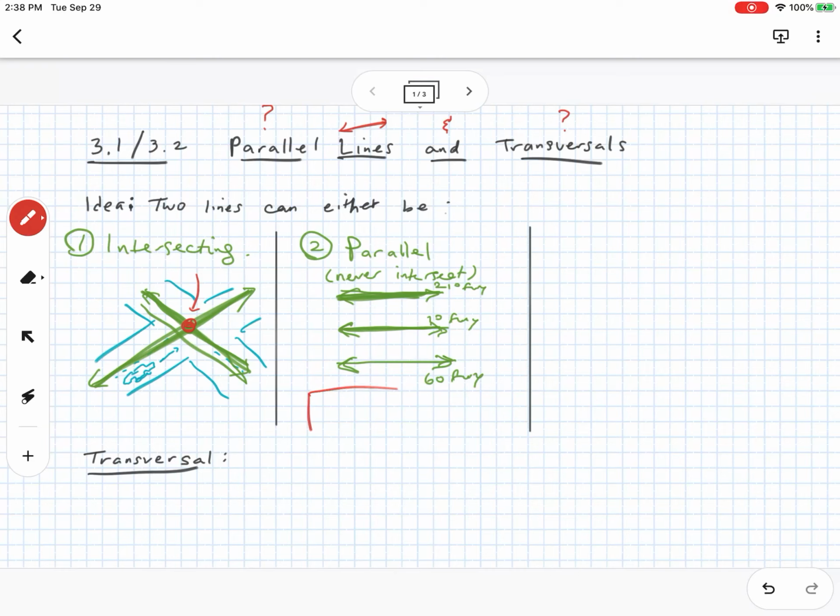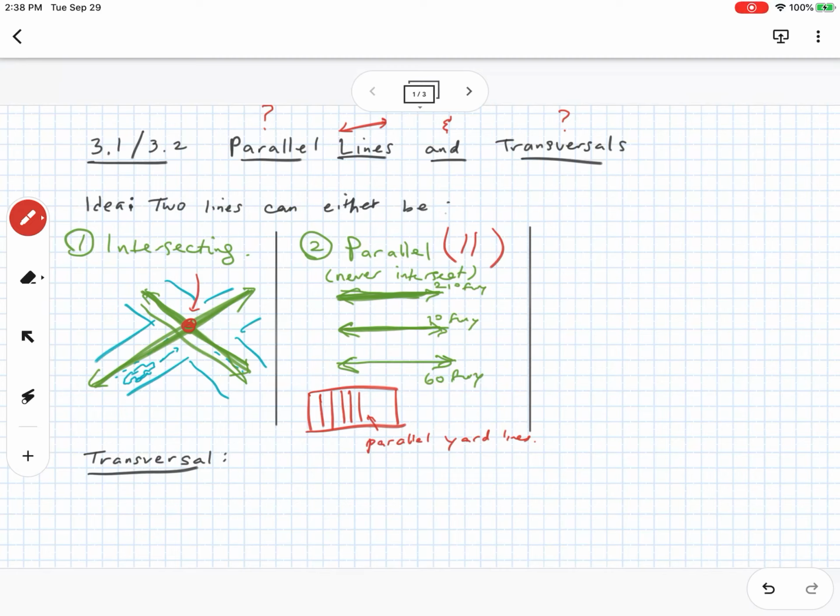Parallel. Just another quick example, when you look on a football field, you have all the yard lines, and we would say that these yard lines are parallel because they never intersect. And if I can just add a symbol here, one common way that we express parallel is with these 2 diagonal markings.